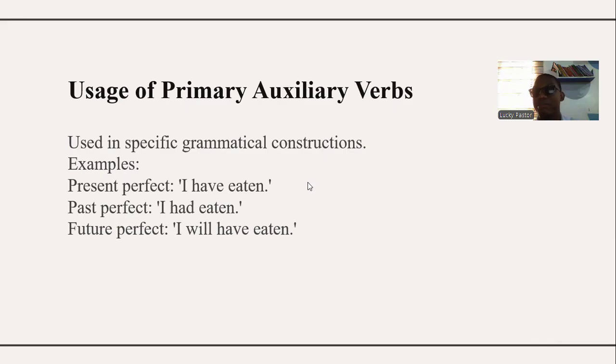That is present perfect tense. So it's specific, right? Past perfect. I had eaten. Specific, right? Future perfect. I will have eaten. Specific. Have. Had. These are primary auxiliary verbs.